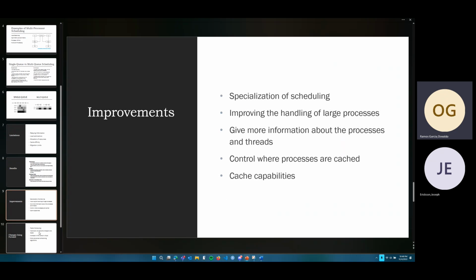So in the past decade, there have been great improvements to multi-core scheduling, but there could be more improvements that would make it even better, such as the specialization of scheduling, which would be having more scheduling algorithms loaded into a system in order for it to best choose what to do correctly every time.